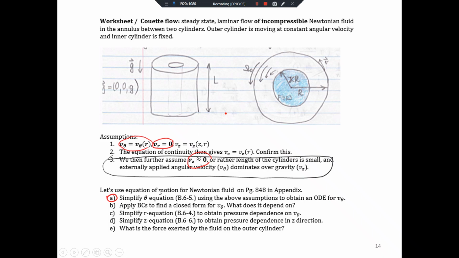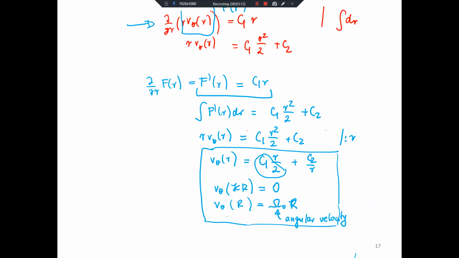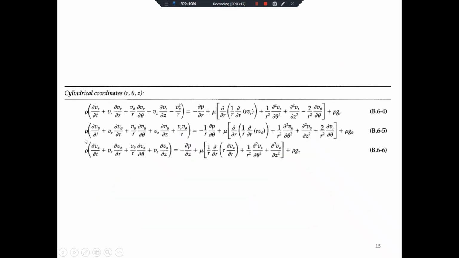And as we commented in class, and this is what we spent most of today's class on, we are looking at the theta equation. We have to look at that one because we're looking for v theta. So I'm looking to balance theta momentum. Then most of these things will disappear. The time derivative is 0.